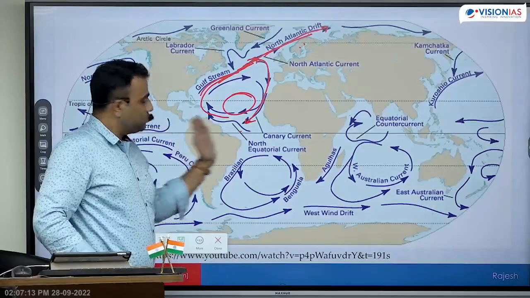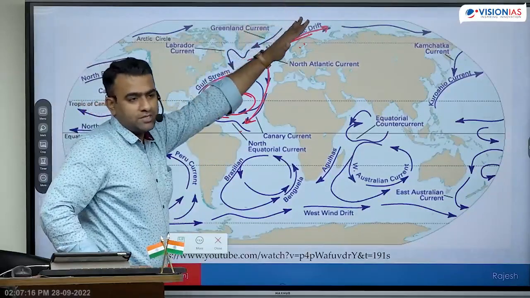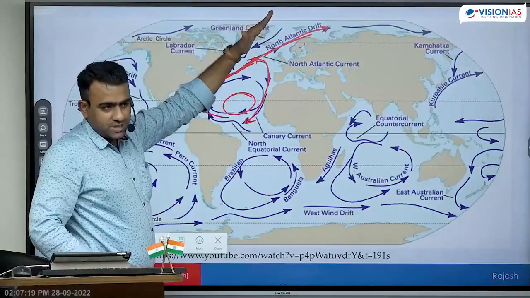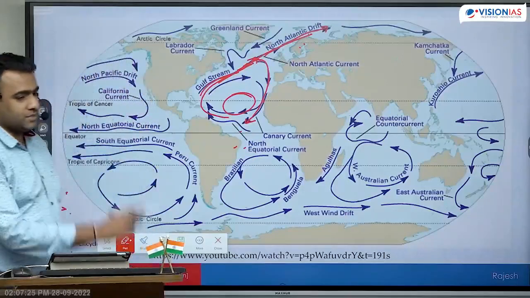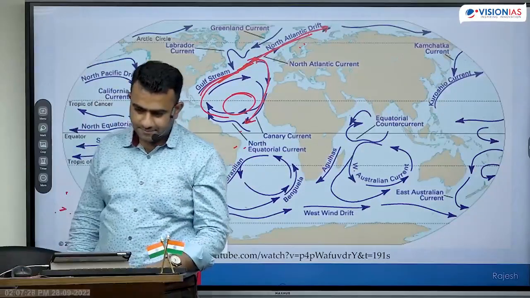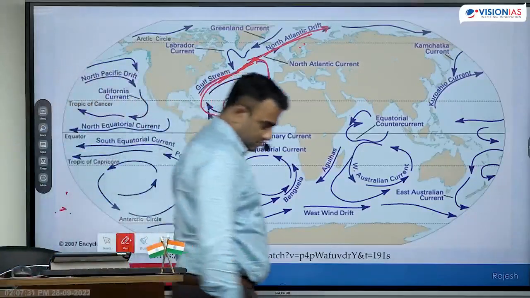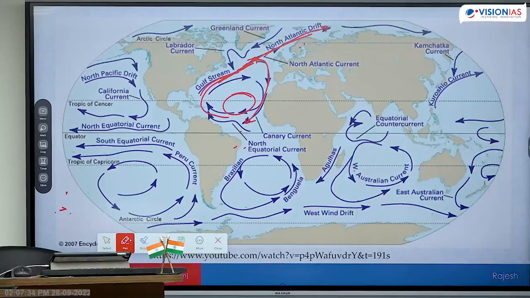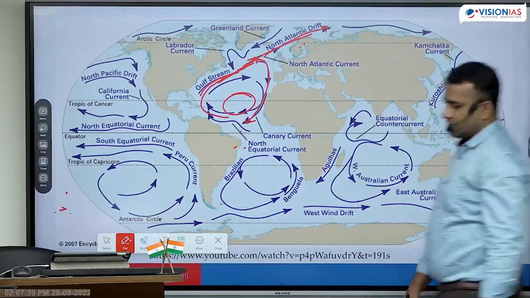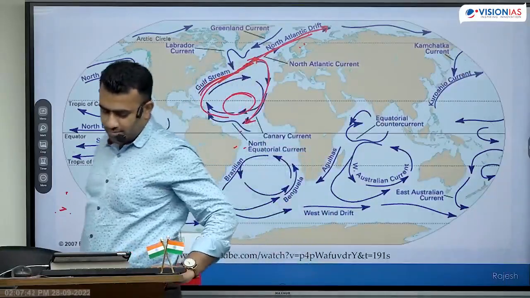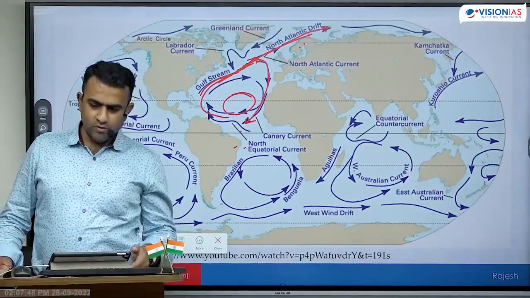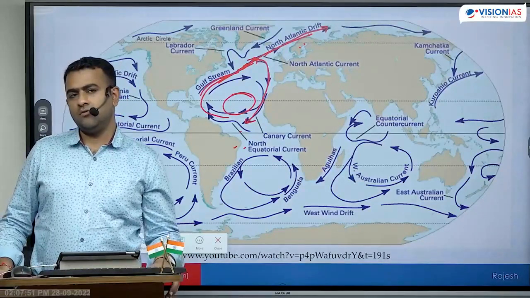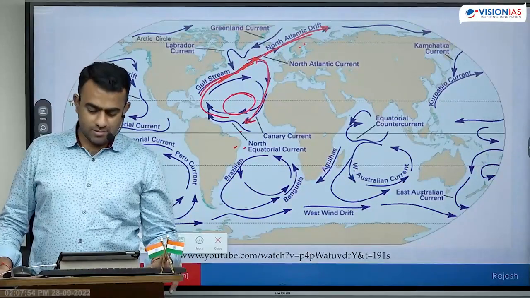And warm current always moves from equatorial region to polar region. The direction will tell you which way they are going. So equatorial region to polar region, and cold currents move from polar to equatorial region. Okay, so there are two types of ocean currents. First one, warm current, moving from low latitude to high latitude.